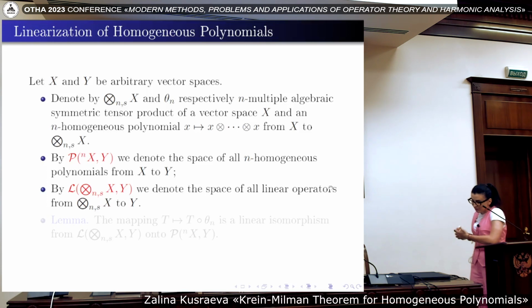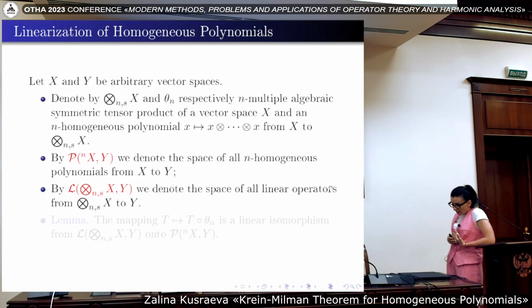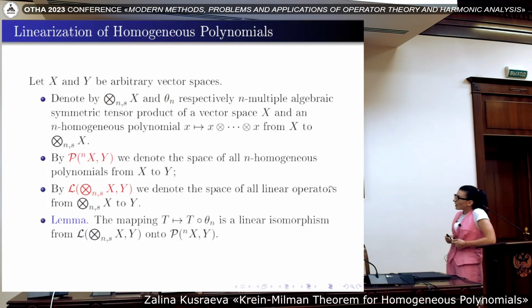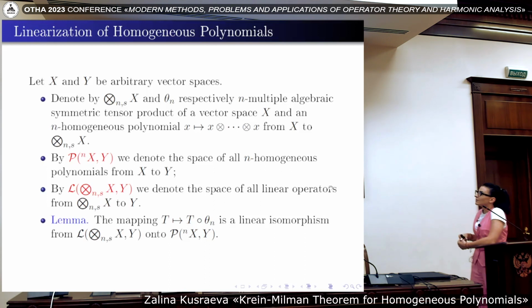And the next lemma is called linearization of polynomials. It is a very useful lemma which shows us the connection between these two spaces. This connection is made by means of the mapping you can see on the slide, and it is a linear isomorphism between these two spaces.